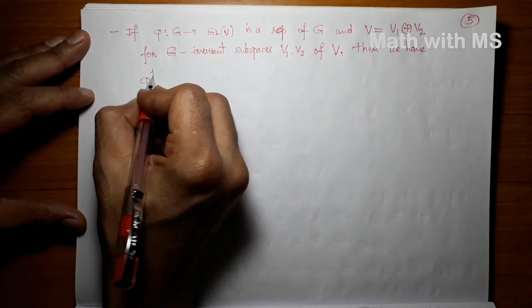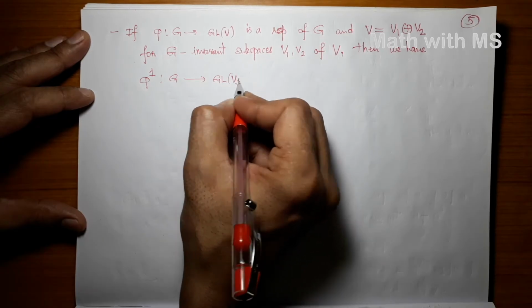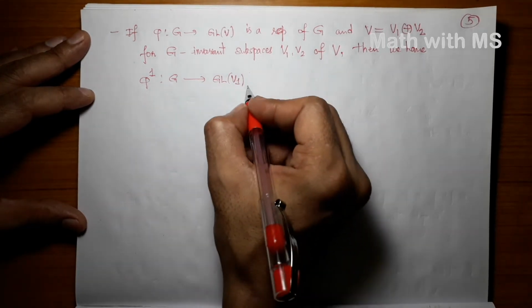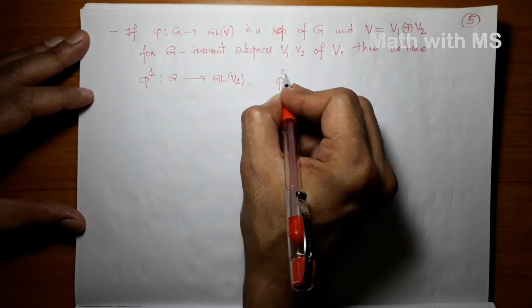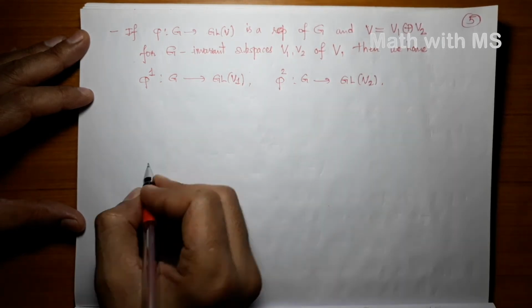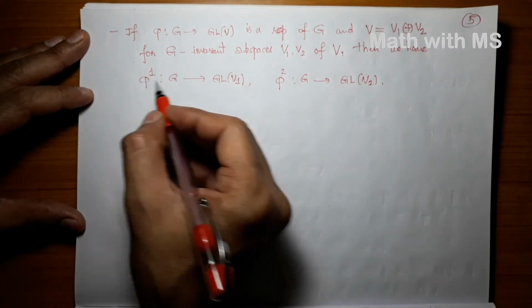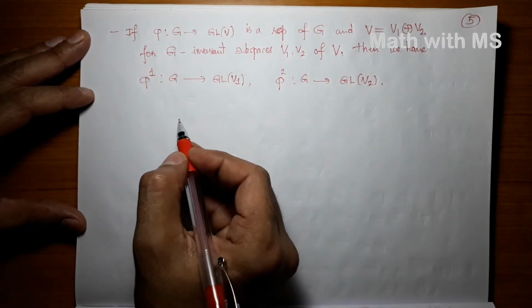Let us call this phi 1 from G to GL of V1, as explained before, and we also have phi 2 from G to GL of V2. Then what is the relation between phi and phi 1 and phi 2?